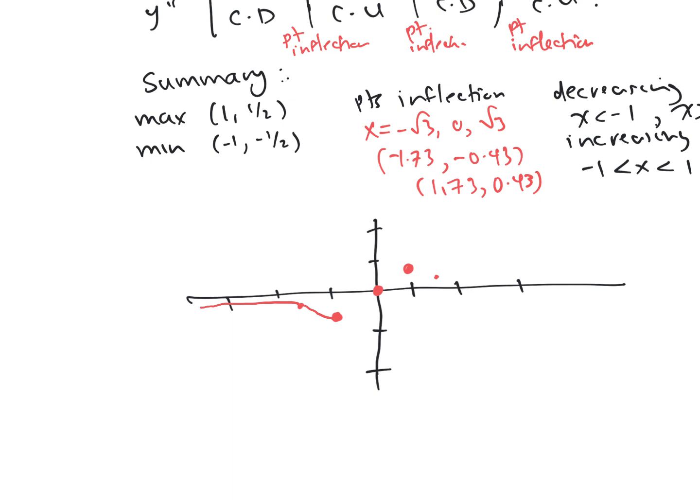Then it's going to increase to +1, and it's going to be concave up to 0, and then it goes concave down to +1.73, and also turning at +1, and then it's going to go concave up. So that's what my graph is going to look like.